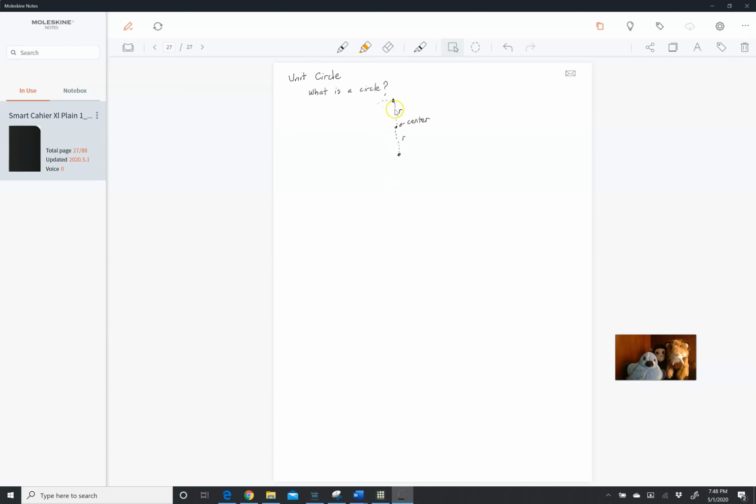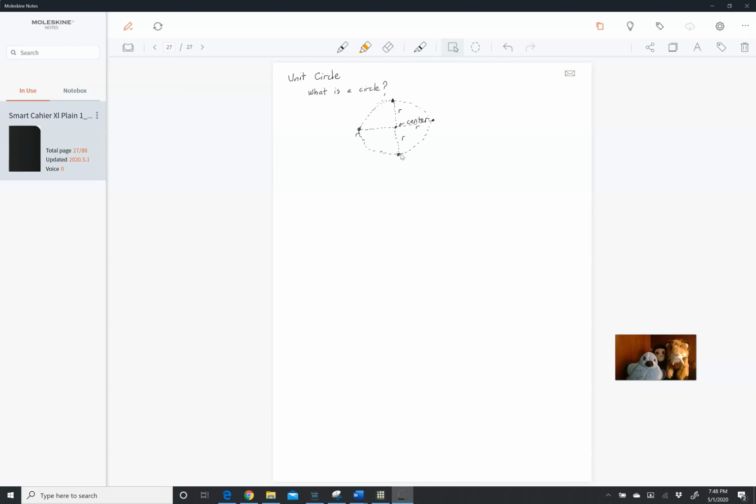So up at the top here, this point is a fixed distance, r, from the center. Now this point is the same distance from the center. We could take a point over here and it would be the same distance from the center, and another point over here as well. We could keep doing this, and if we connect all of the points that are that distance from the center, so this is not the best circle, we get a circle.